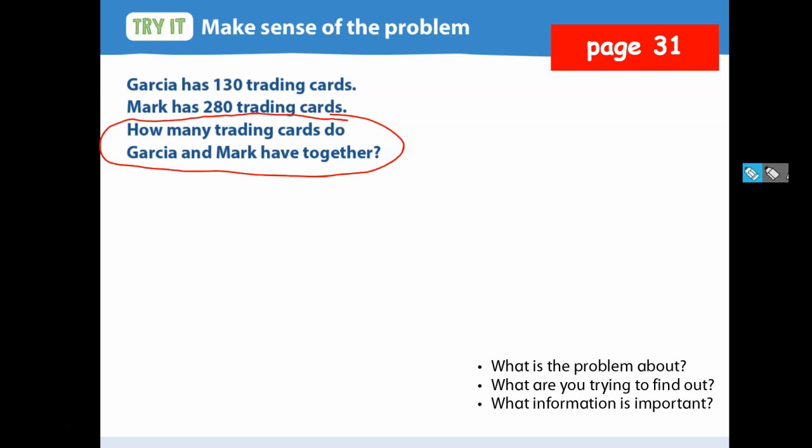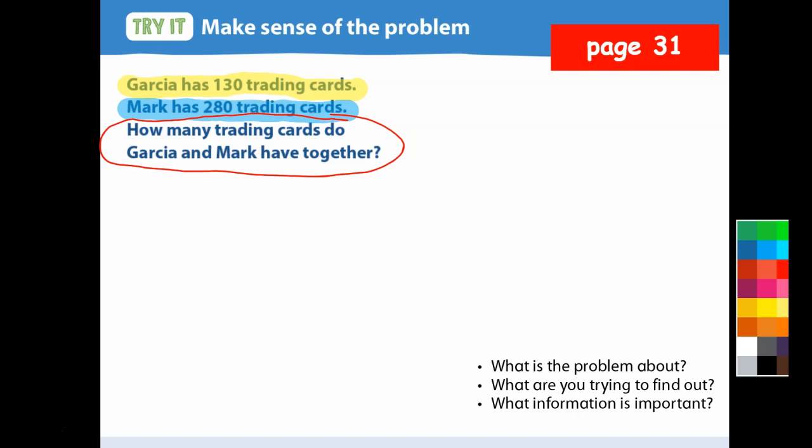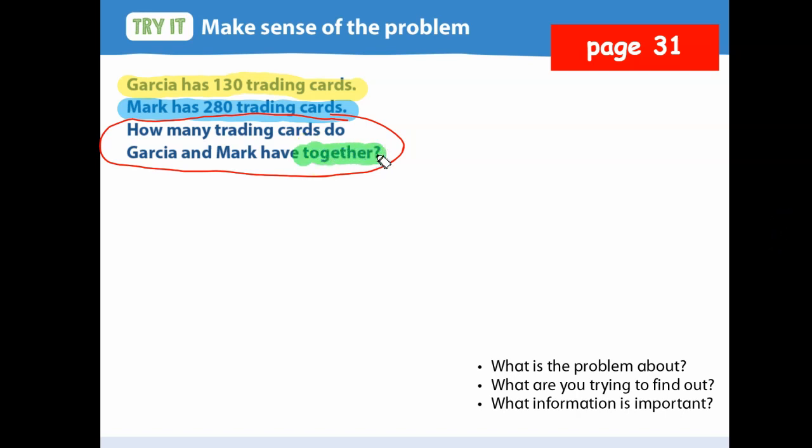So when it says what information is important, this is important. This information is important, and this information is important because I need to know how many trading cards Garcia has, right?